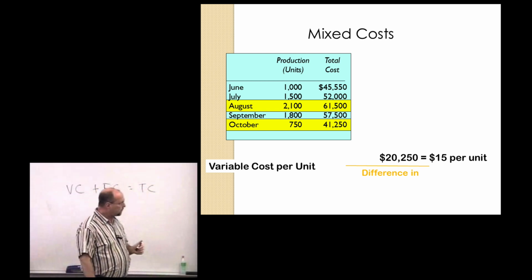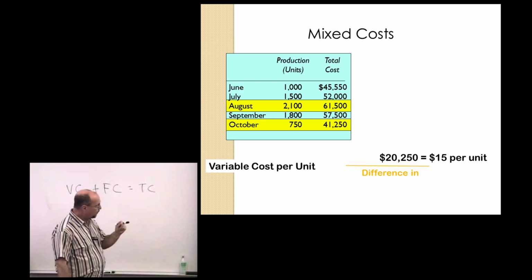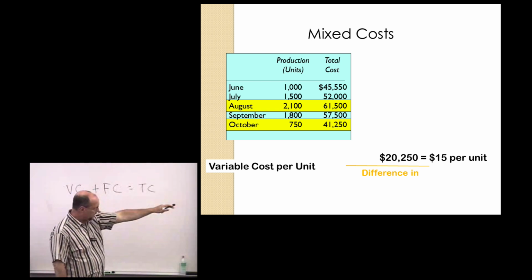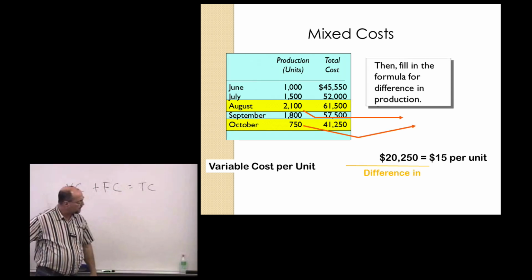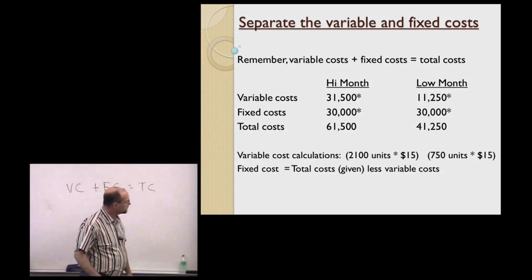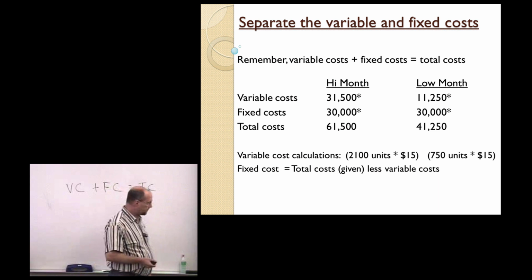So we can now rely on this $15 per unit variable cost, and now we're going to be able to separate the 61,500 into its variable component and its fixed component. In the high month, we produced 2,100 units.